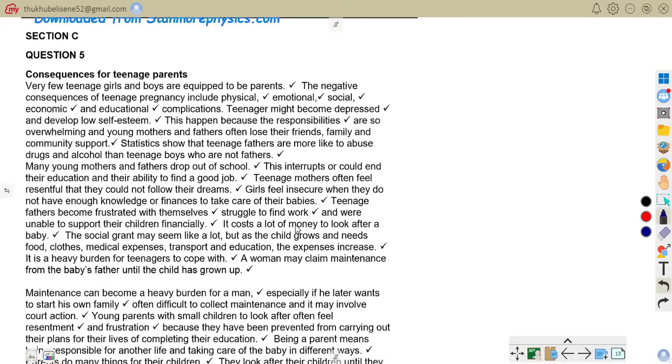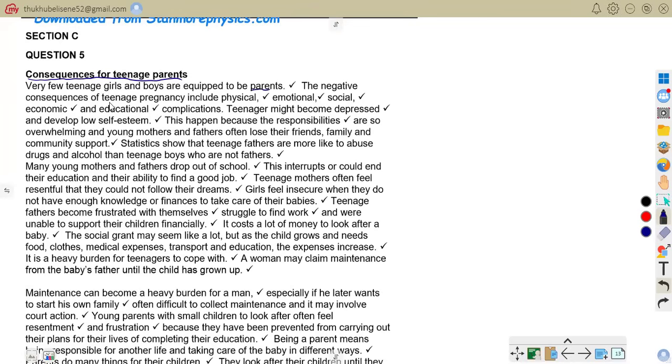So we come to answers for question 5. Consequences for teenage parents. Very few teenage girls and boys are equipped to be parents.